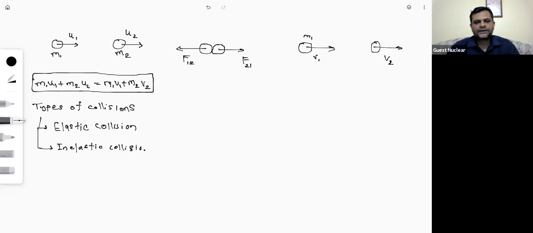And the third type of collision we can talk about is nothing but a perfectly inelastic collision. See here, perfectly inelastic collision.